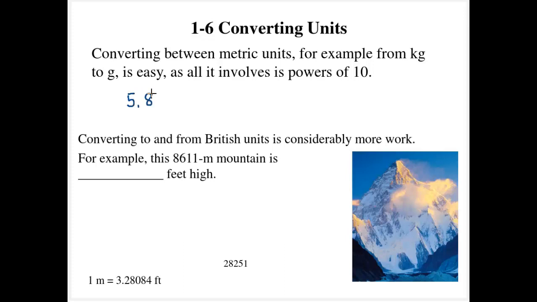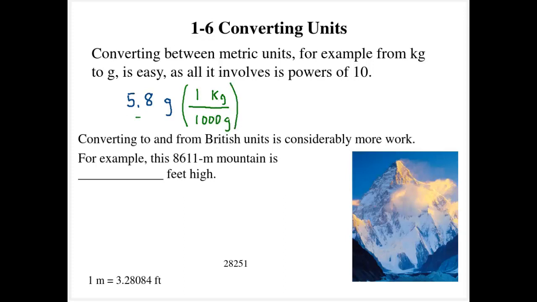For example, suppose I had a measurement of mass and I said this is going to be 5.8 grams. Suppose I want to write that in kilograms for some reason. I'm going to look up and see that 1 kilogram is going to be 1,000 grams. Essentially, I'm taking this 5.8 grams and multiplying it by 1.